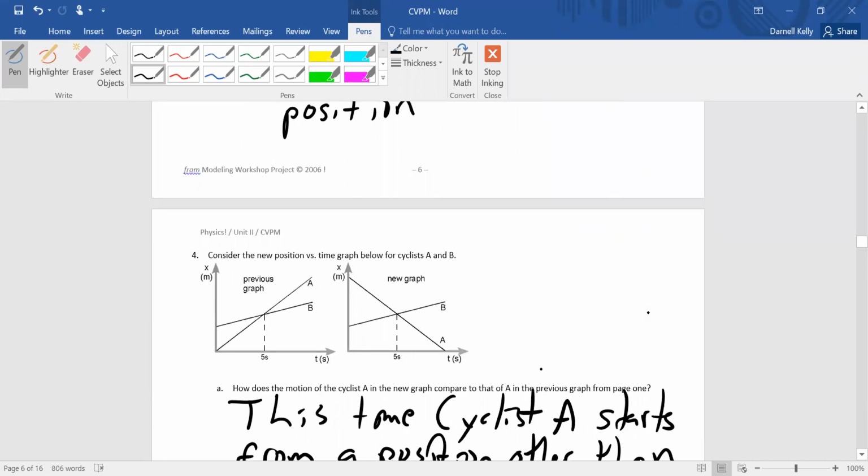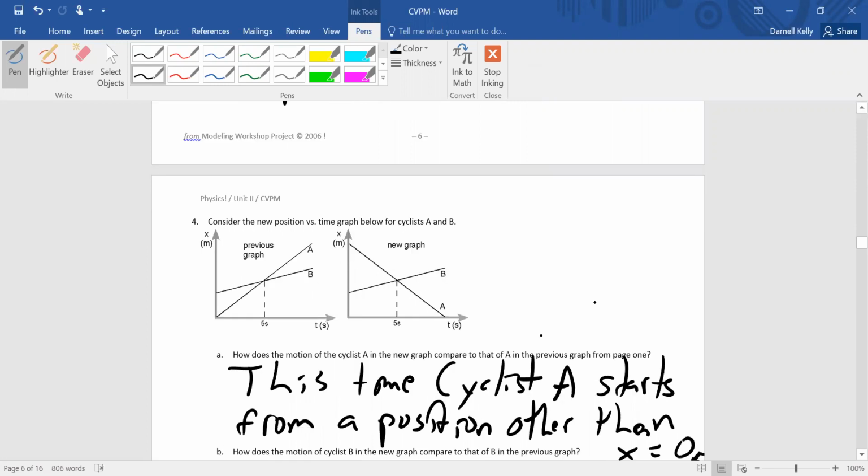Okay, so now number 4: consider the new position versus time graph below for cyclists A and B. So this was the previous, and now over here. How does the motion of cyclist A in the new graph compare to that of A in the previous graph from page 1? I think we answered this last time.